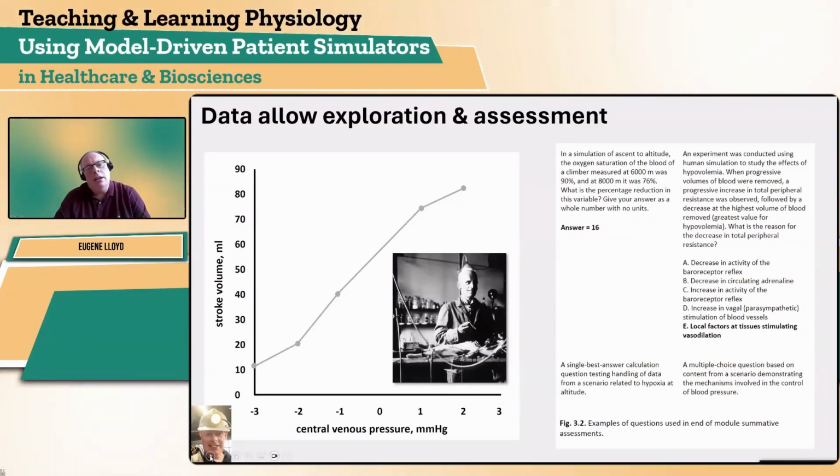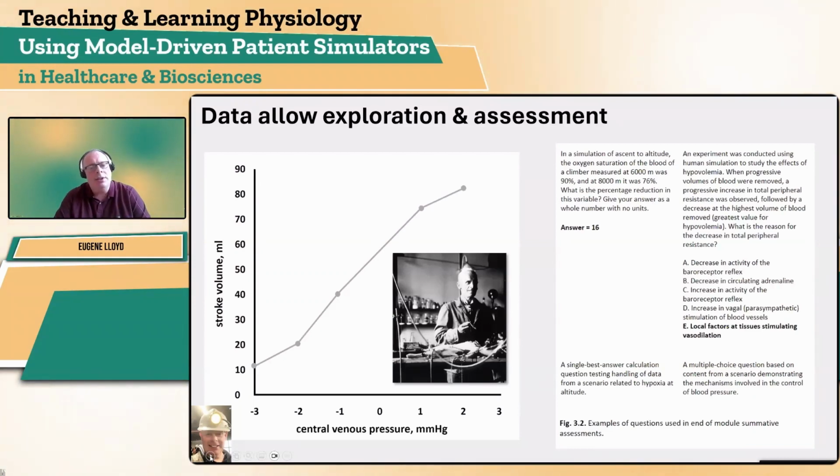It was him and several others who were the first to work out the relationship between central venous pressure, or preload, and stroke volume, or the amount of blood ejected by the heart per beat and also per minute. This is a really important relationship. Even simply standing up will alter it a little.